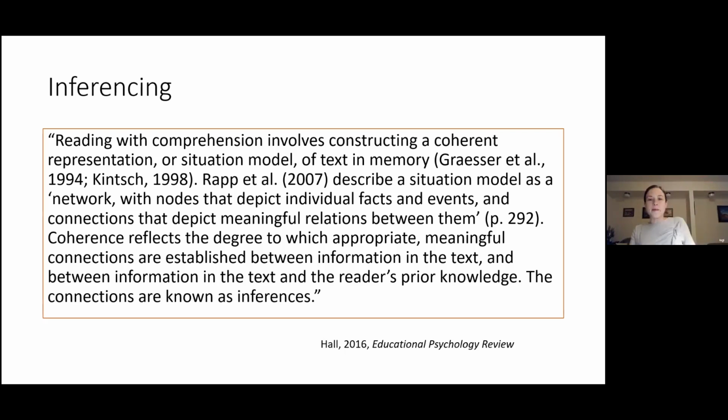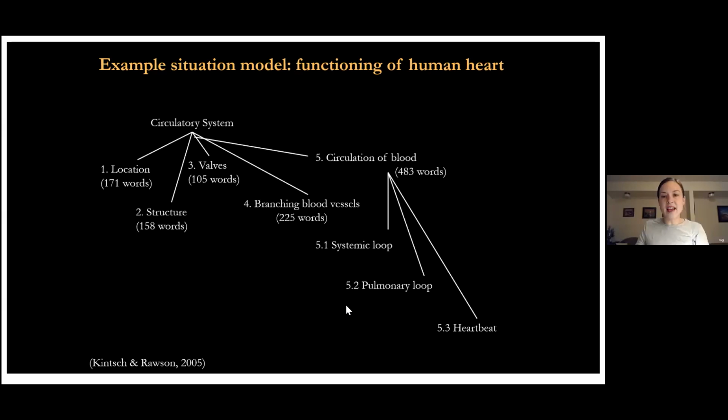So that's my situation model of how situation models work. And what this might look like in thinking about a concept, let's say you're either reading or writing about how heart circulation works, and you're learning different facts about heart circulation.